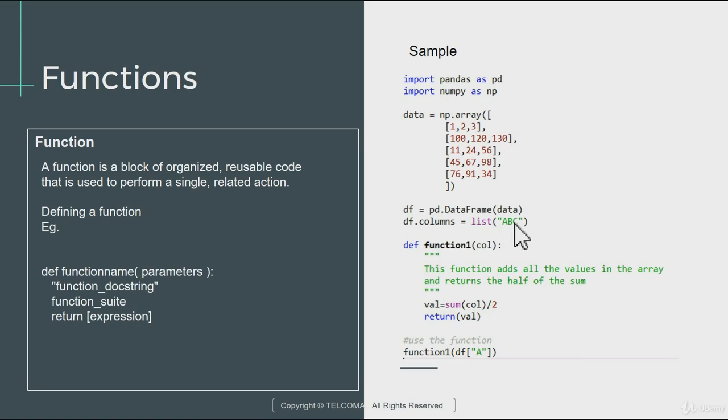So list ABC will create a list of A, B, and C, 3 elements, that gets assigned over here. So the df data frame will have column names as A, B, and C. And I'm passing the first column, df of A, to the function, which will add all the values in that column and return the value divided by 2.